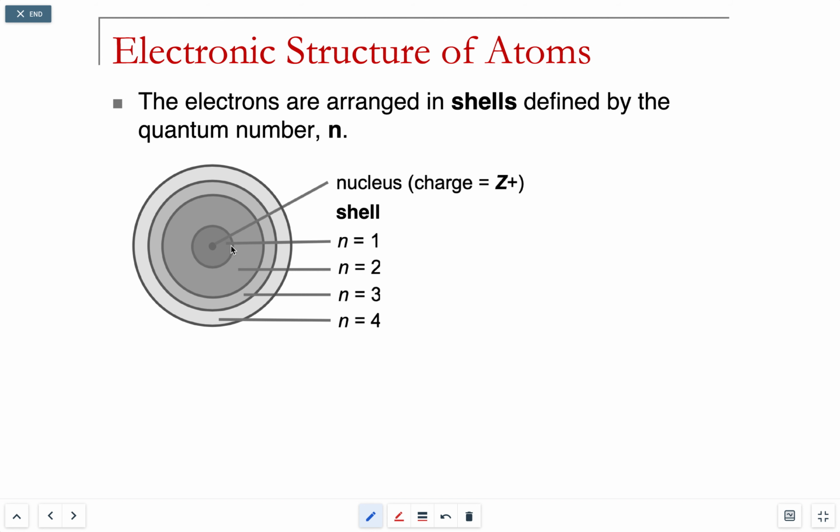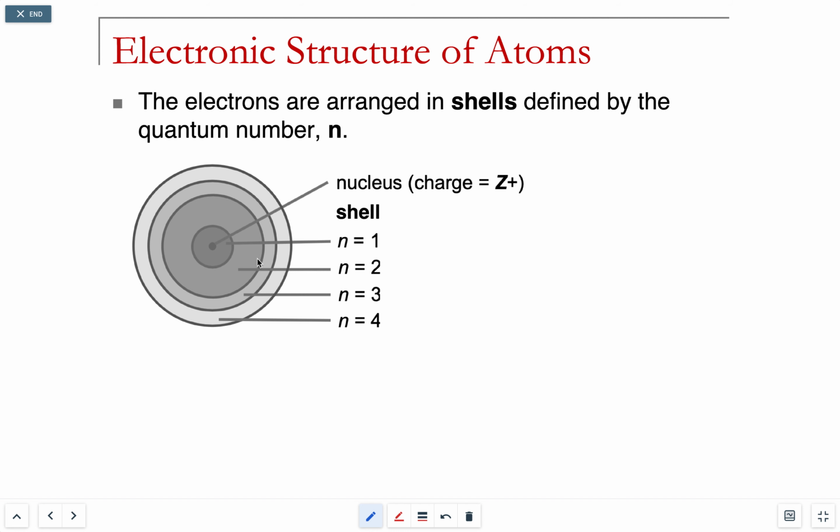But when this is filled, any extra electrons have to be in the next shell, which we call n equals 2. When this is filled, you begin to fill the third shell, and when the third shell becomes full of electrons, you begin to fill the fourth shell.